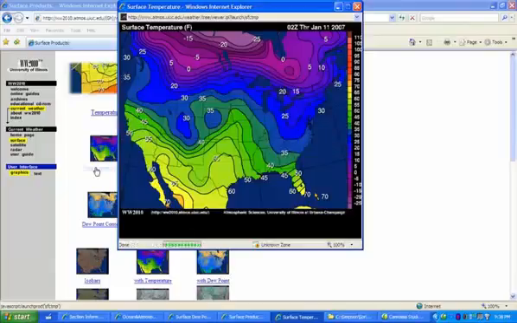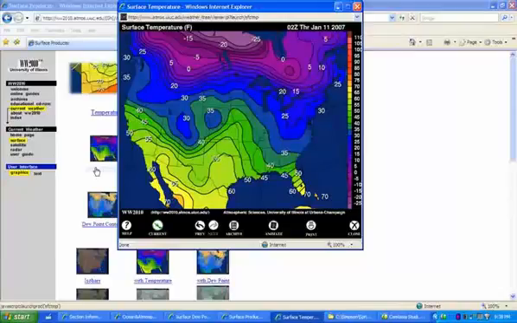Now, what you're about to see here is the temperature at 2Z on January 11th, which is the evening of January 10th. And you see all of these colors here corresponding to temperature. The colder or the violet colors correspond to colder temperatures. The green correspond to warmer temperatures.